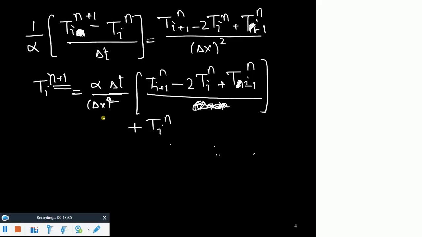So these kind of schemes where you can find out one unknown in one equation are known as explicit schemes. You remember I told you last time as well. Now just see, and I told you there is a disadvantage associated with those schemes.